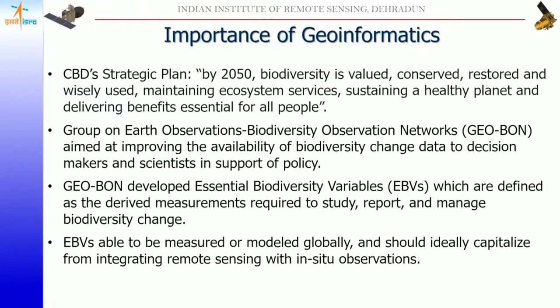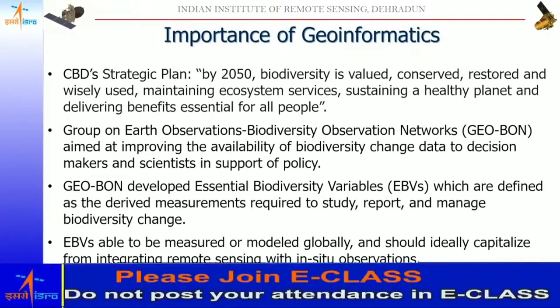So GEO BON developed essential biodiversity variables, the EBVs, which are defined as the derived measurements required to study, report, and manage biodiversity change. These are applicable and modeled globally, and should ideally capitalize on integrating remote sensing. So remote sensing is an important aspect to derive the essential biodiversity variables.